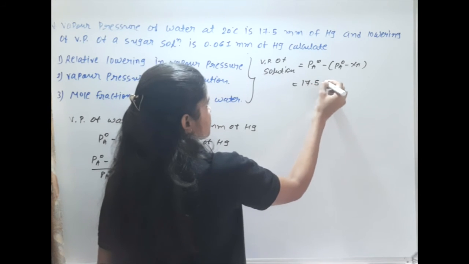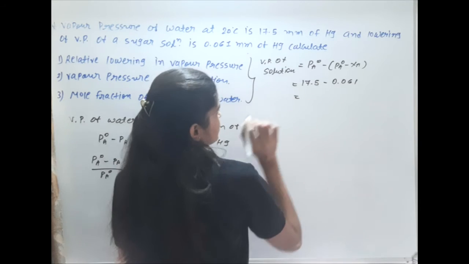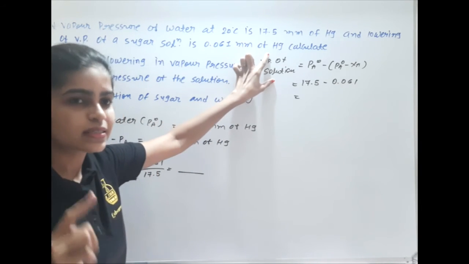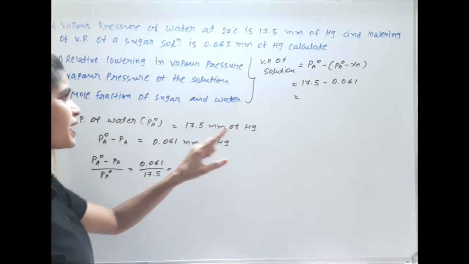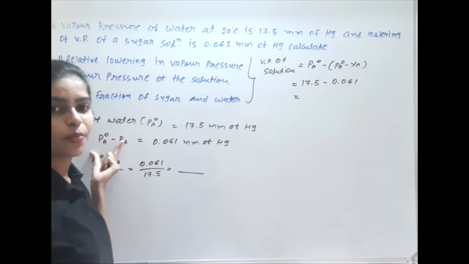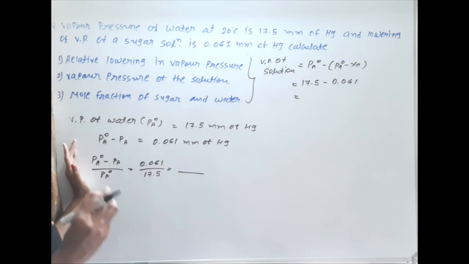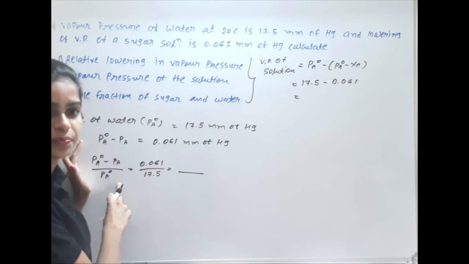PA0 is 17.5 minus 0.061. So two terms: the vapor pressure of the solution is equal to the vapor pressure of the pure solvent minus PA0 minus PA. And this is the relative vapor pressure. So for the relative vapor pressure, PA0 minus PA upon PA0.